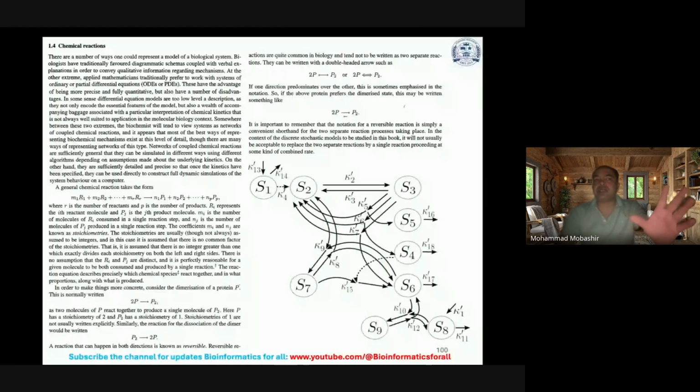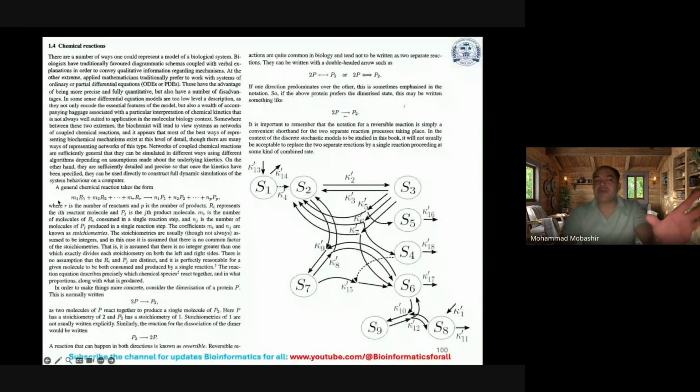And biologists have traditionally favored diagrammatic schemes coupled with verbal explanations in order to convey quantitative information regarding the mechanisms. At the other extreme, applied mathematicians traditionally prefer to work with systems of ordinary or partial differential equations, that is ODEs and PDEs.